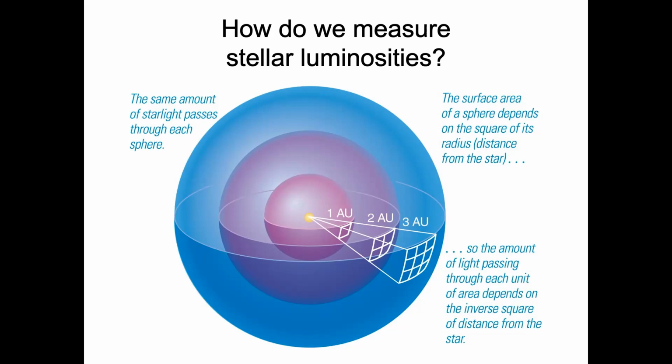As we get farther and farther from the star, the surface area that energy is spread out over is increasing. So by the time you go from 1 AU to 3 AU away, the energy is now being spread out over 9 times as much area, which means each individual box is getting less radiation. It's receiving less energy.